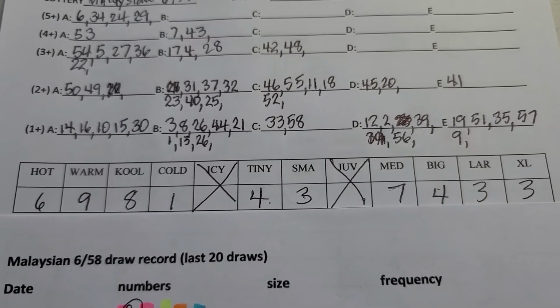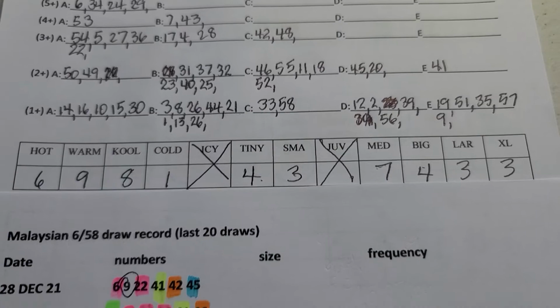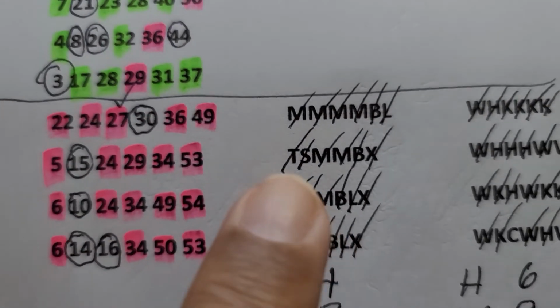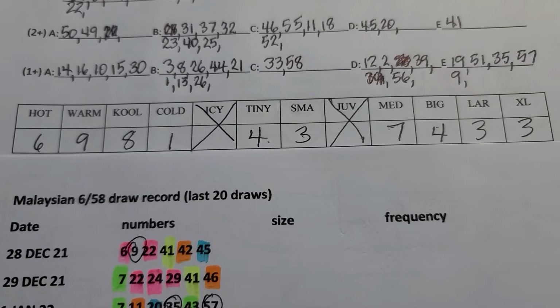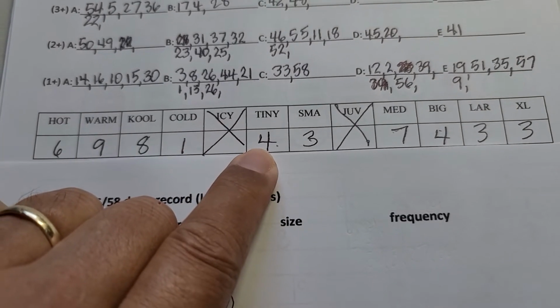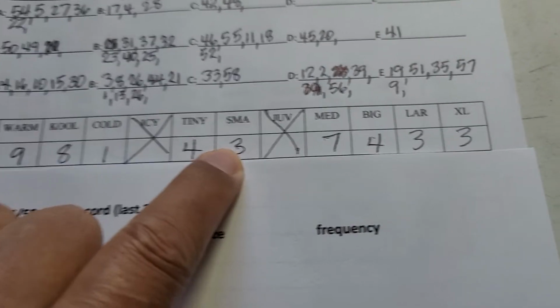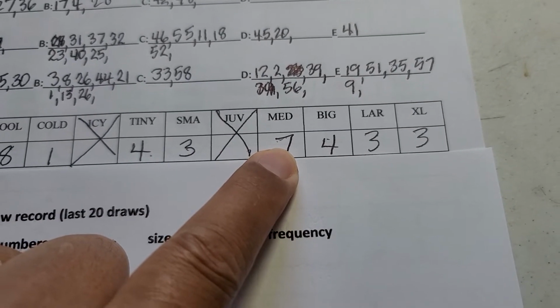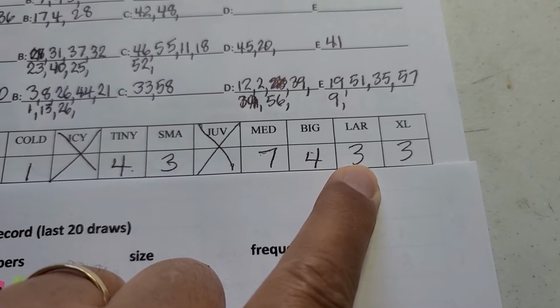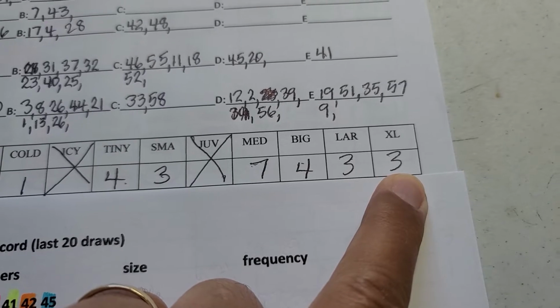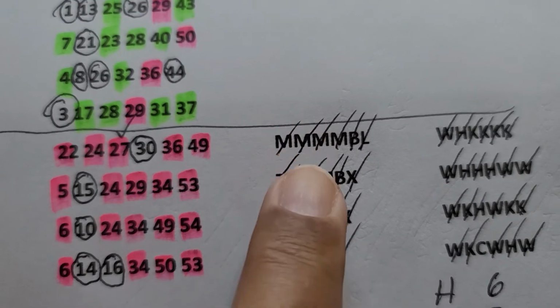Now the next information that we needed was the number size, so we come back here and look at the number size and count the number of T's. There were 4 T's, and we write the 4 in right here. There are 3 smalls, 7 mediums or M numbers, 4 big numbers, 3 large numbers, and 3 extra large numbers, all listed right here.